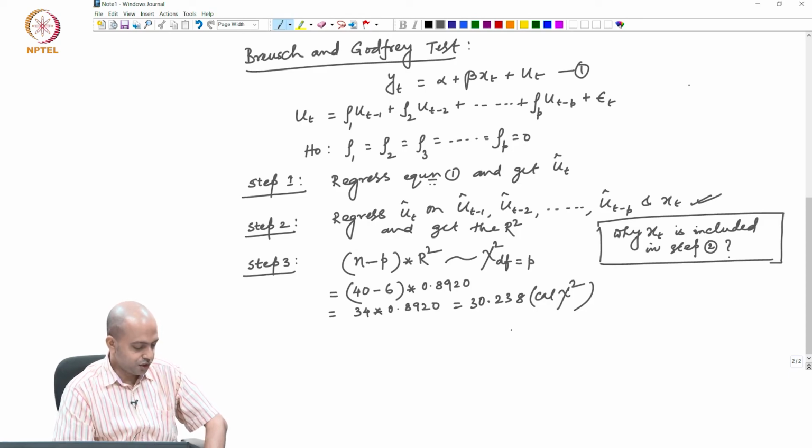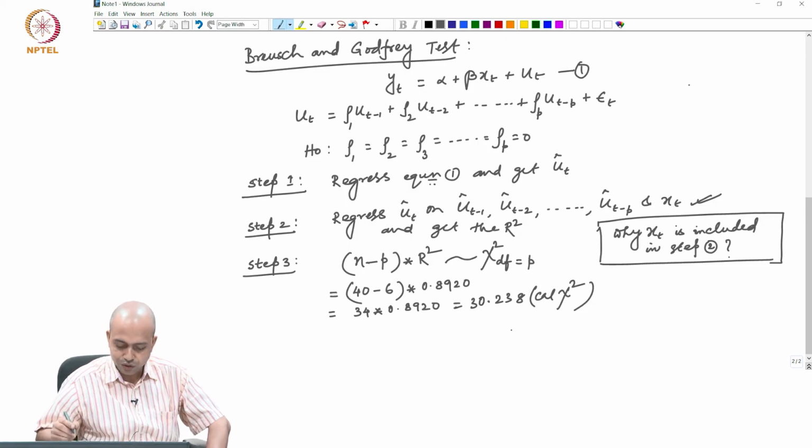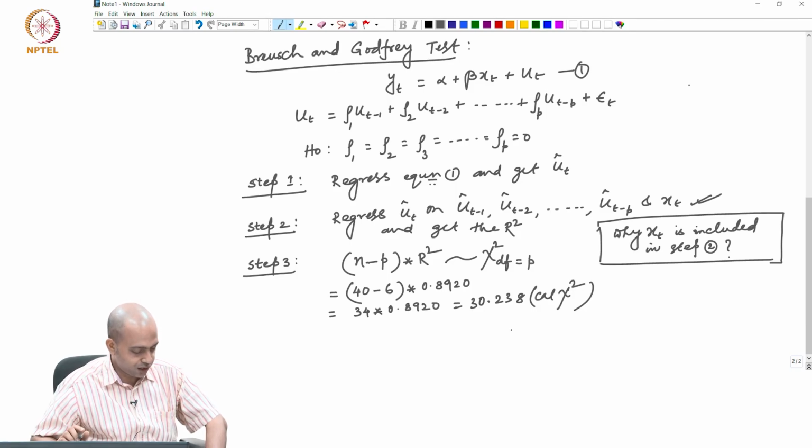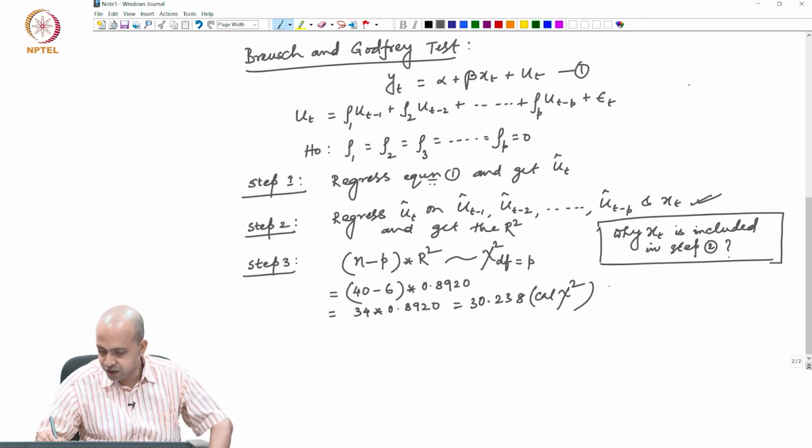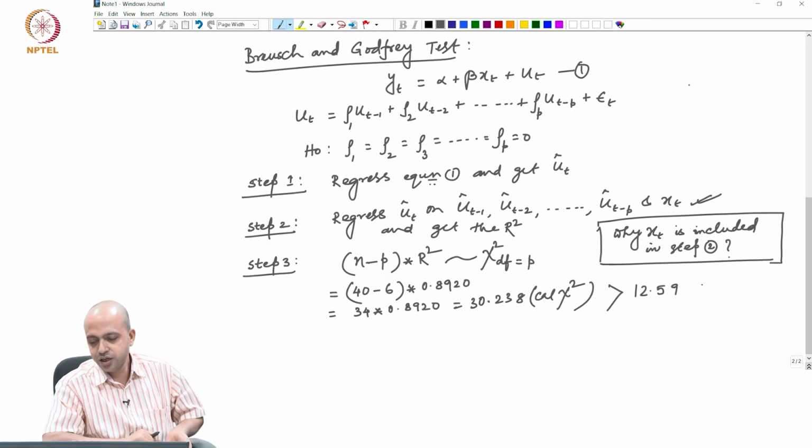So, when you get a chi-square of 30, from there itself you can understand that this is a quite high value. At the 5% level of significance, the chi-square is 12.59, and even at the 1% level it is 16.81. Our calculated value is greater than 12.59, right?